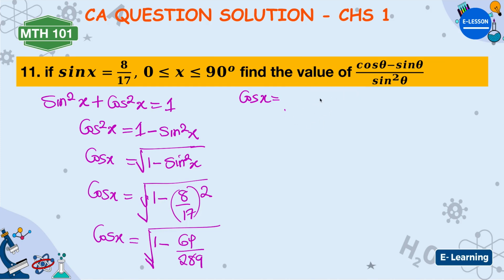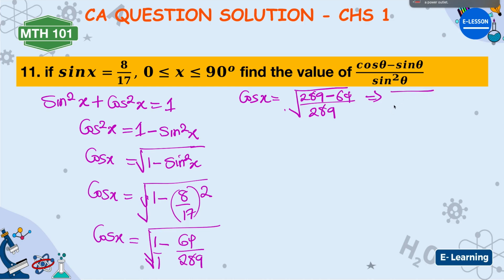Now we can find the common denominator: 289 divided by 1 is 289, times 1 gives 289, minus 64.